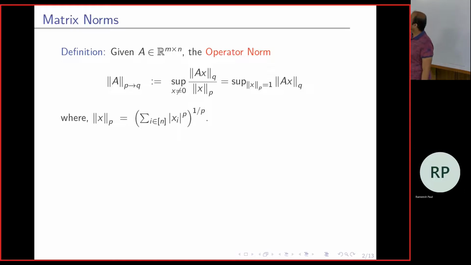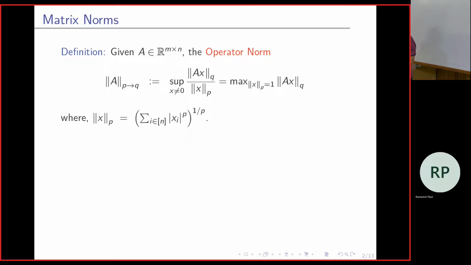Then you can replace this sup by max, so this thing is achieved. I'm just using closed boundedness. It's a continuous function on a compact set, so it takes the maximum. Yeah, you said convex. No, I said compact. Oh, maybe I misspoke. But what I'm using is compactness.